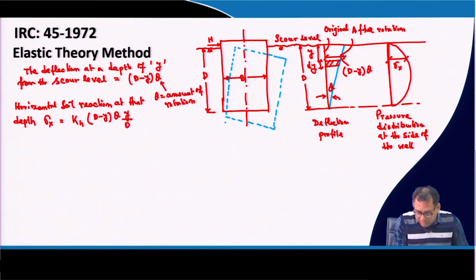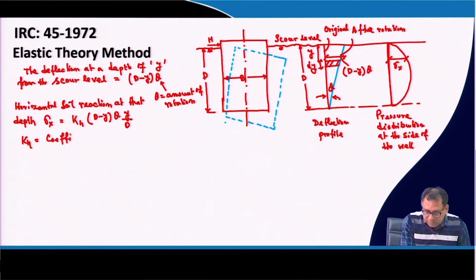into y by d. So, let me explain what that is. Here k h is the coefficient of horizontal subgrade modulus.